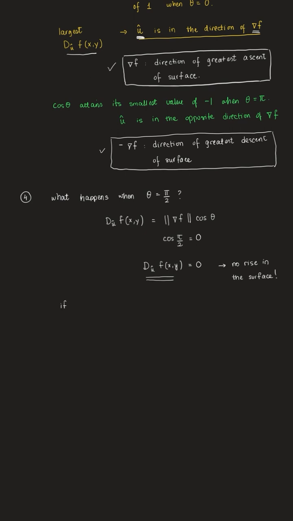If u is perpendicular to the gradient, or theta is pi over 2, then the directional derivative equals 0, so that direction of u perpendicular to the gradient means that we have no rise in the surface.